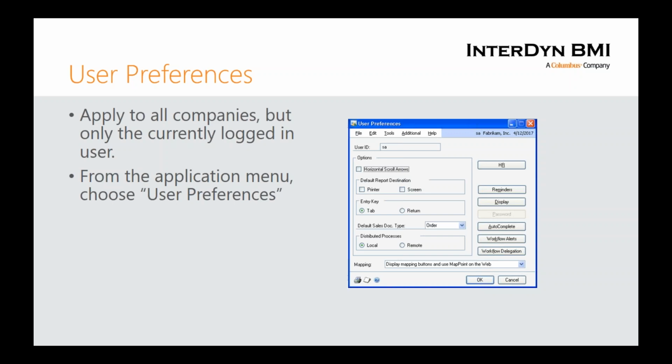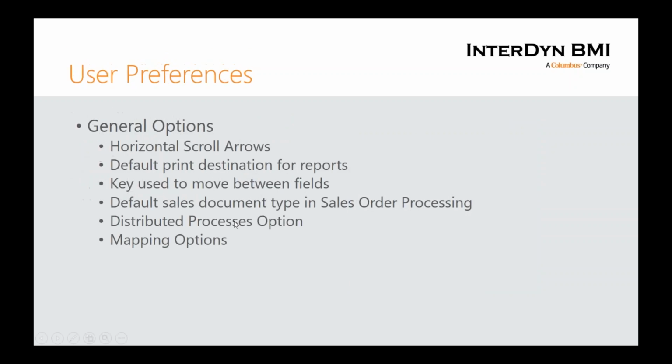Tab is always going to work, but if you like to hit the enter key, then you want to come into your user preferences and hit return, and that will allow you to field advance through all of the windows with the enter key. Okay, so we'll take a look at a few of those.